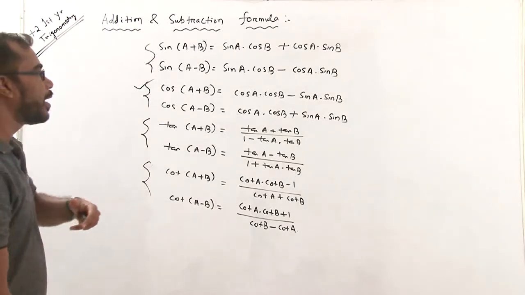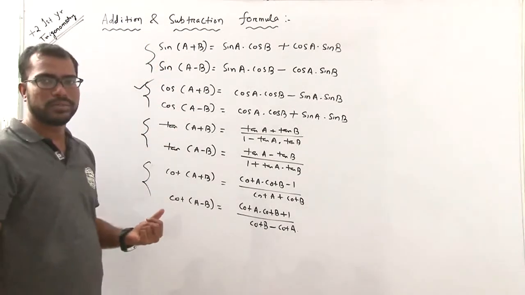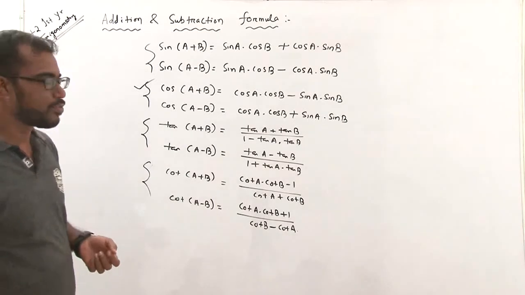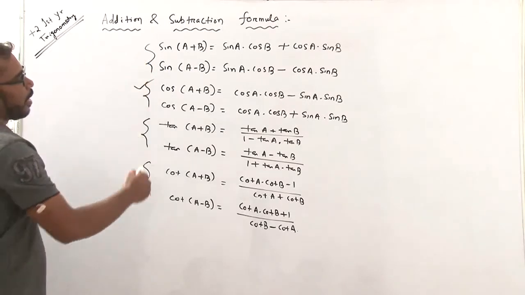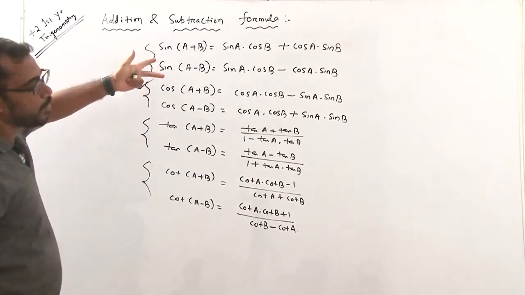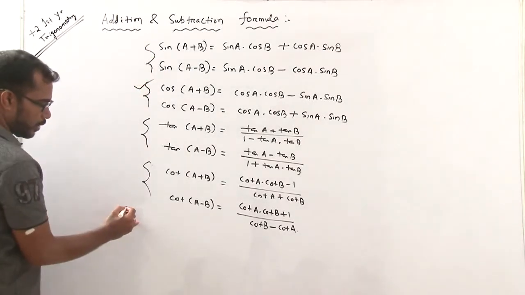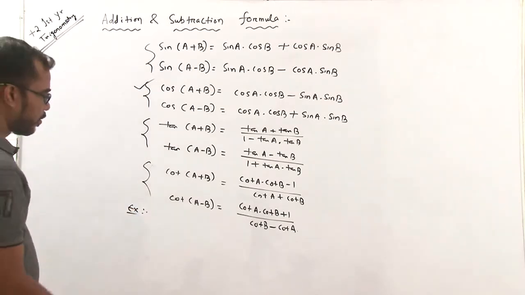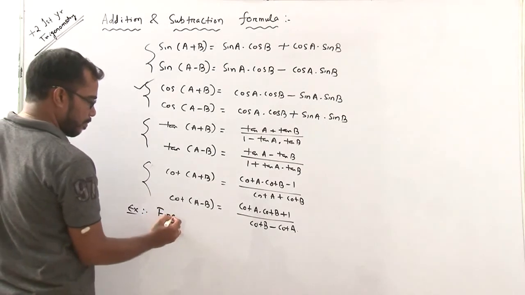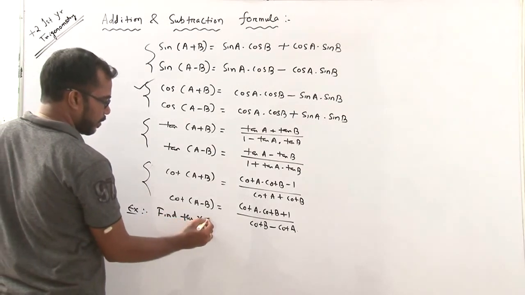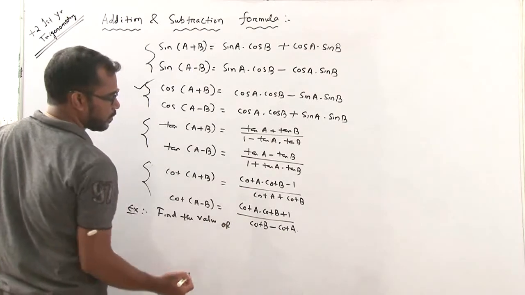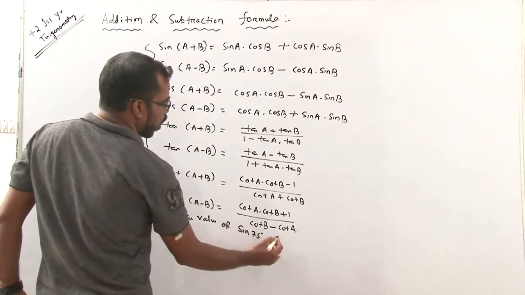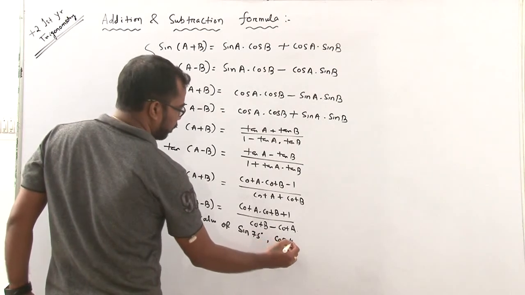So why do we learn these formulas? Why apply them? Let's take an example. Find the value of, suppose, sin 75 degree and cos 15 degree.